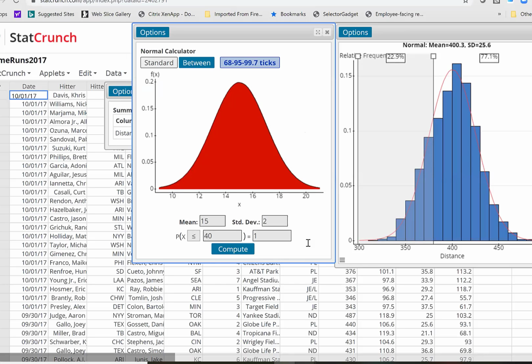It's not quite right. It's really like 0.999999999 with a bunch of 9s. StatCrunch just says it's 1, but it really isn't. You just need to be mindful of that.